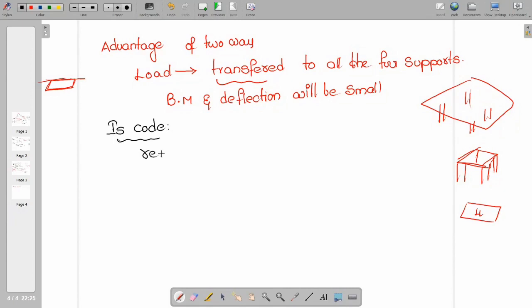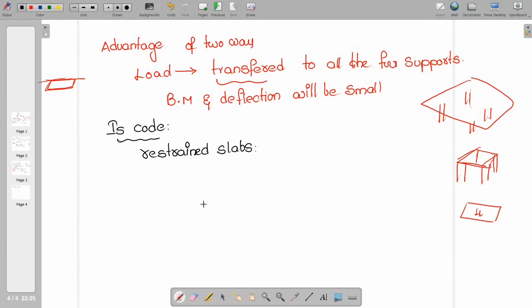Restrained means it is not allowed to move. Restrained means both ends are fixed, so it is not allowed to move.